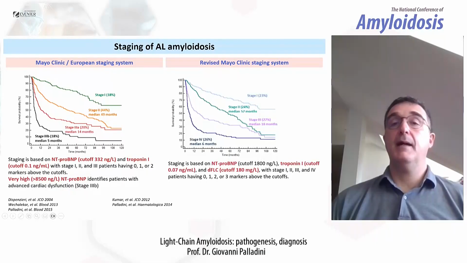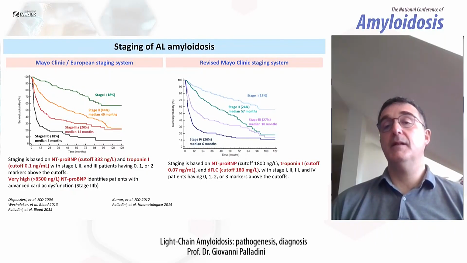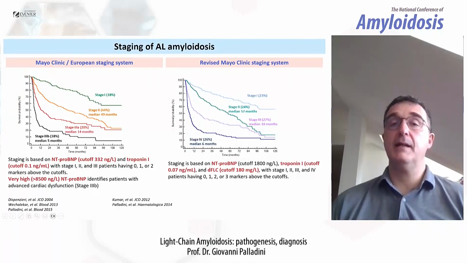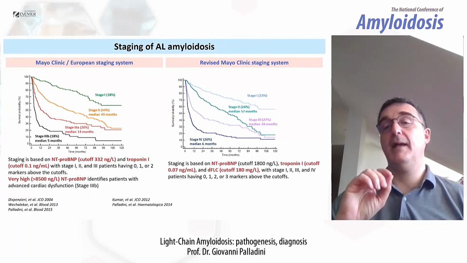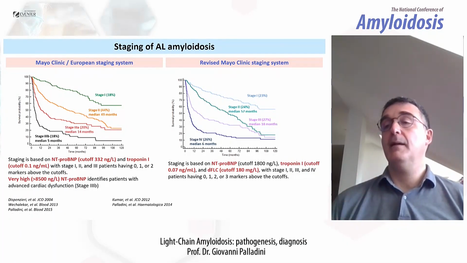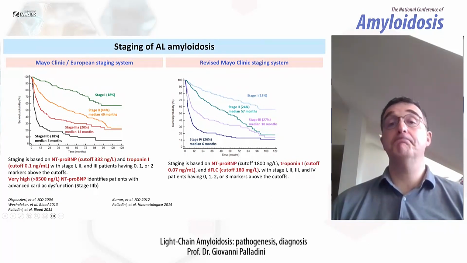The Mayo Clinic refined their staging system, including the concentration of the light chains. And you can see here that the discrimination is very sharp. The light chain here is not only a marker of the bulk, it's also the very toxic agent that causes cardiac dysfunction.